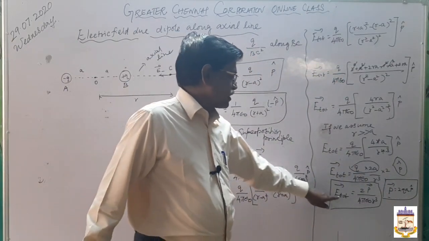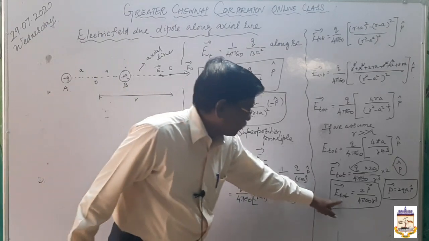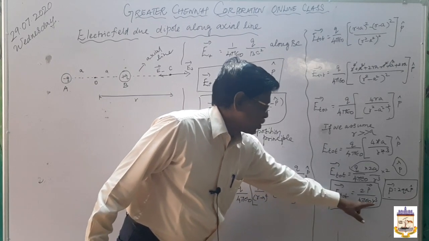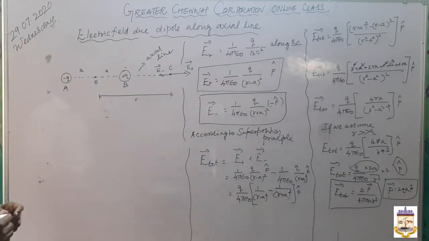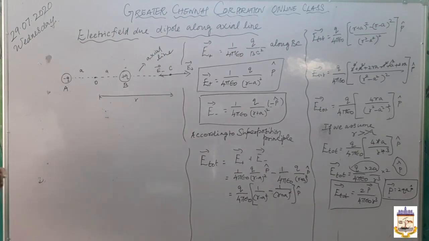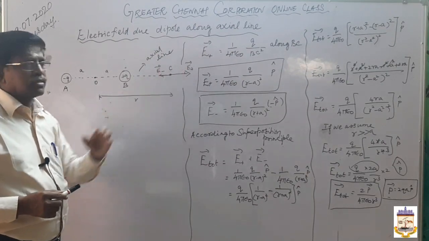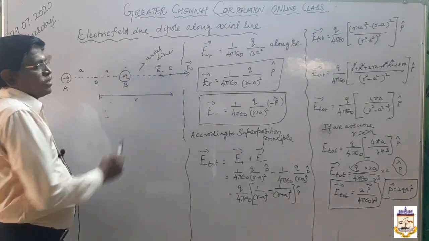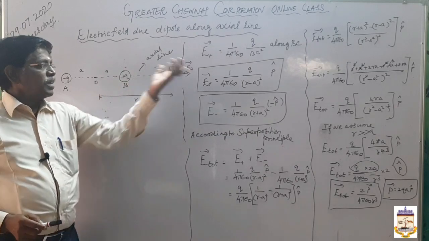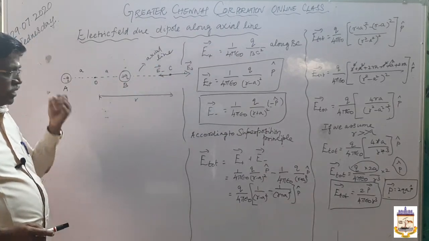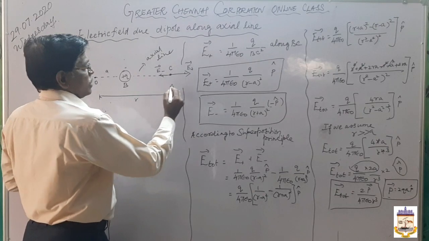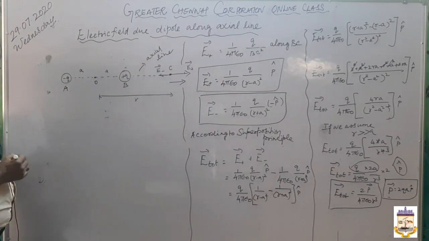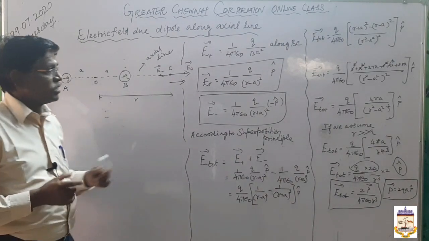So the total electric field formula is 2 p vector by 4 pi epsilon 0 r cube. This is the magnitude. In which direction is it acting? Seeing the diagram, E plus has the greater magnitude. Of the two vectors acting, one is bigger and one smaller, so the net electric field acts in the direction from minus q to plus q.